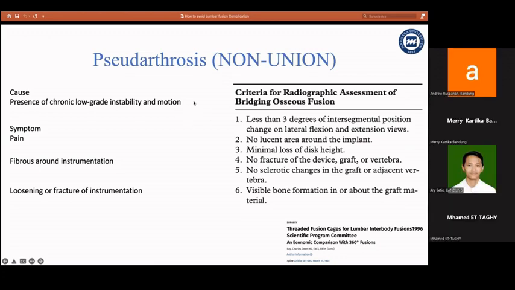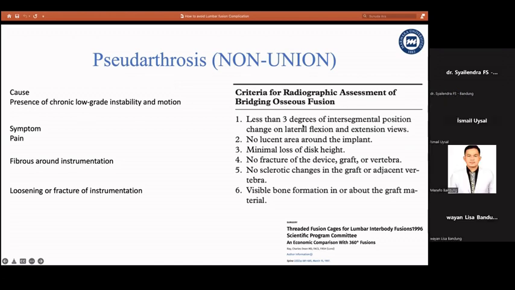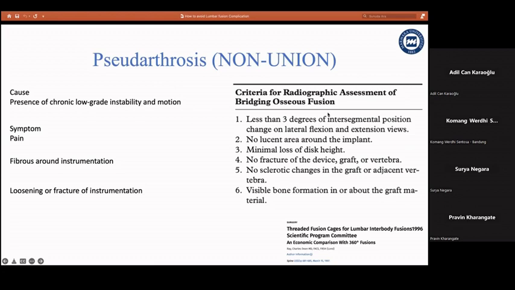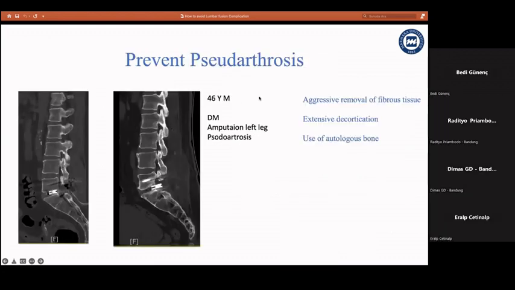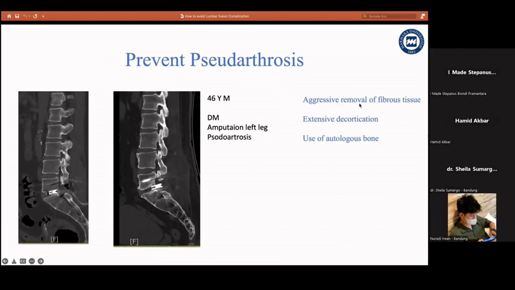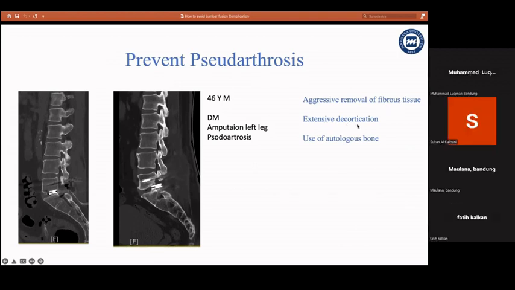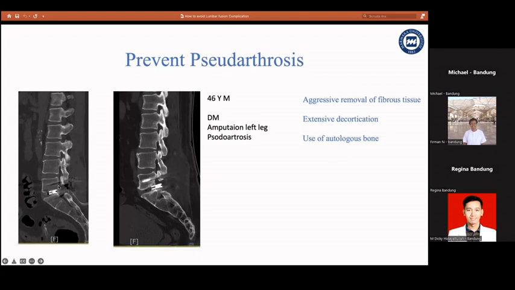And we will talk about some frequently seen complications, for example, non-union. There are some criteria in radiographic assessment of osseous fusion, and there are some symptoms. Prevention of non-union is aggressive removal of fibrous tissue, extensive decortication, and use of autologous bone. These are the preventive techniques. For example, this patient has a simple case, but there is no fusion here.